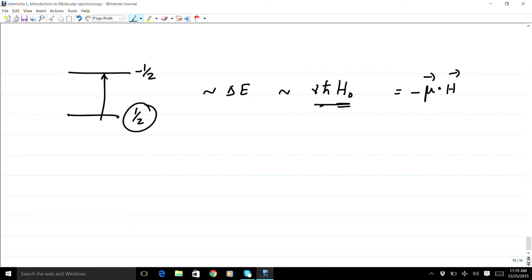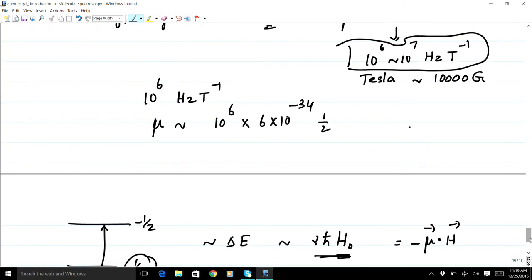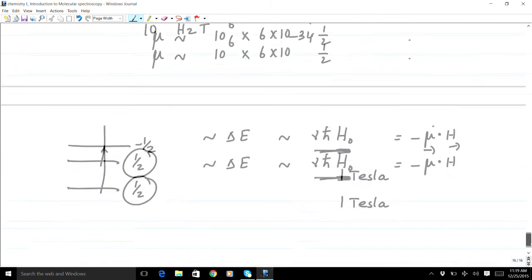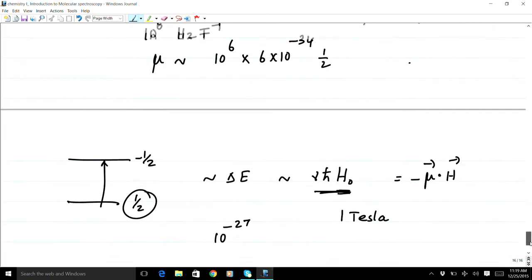Therefore, you are looking at energies of this order, gamma h bar H naught, and so if you have a 1 Tesla field and your previous values of gamma h bar H naught is approximately 10 to the 6 times 6 times 10 to the minus 34. So, you are about 10 to the minus 27 joules, I believe.